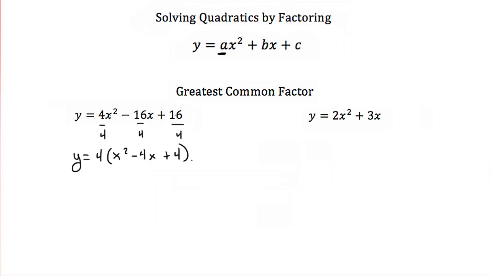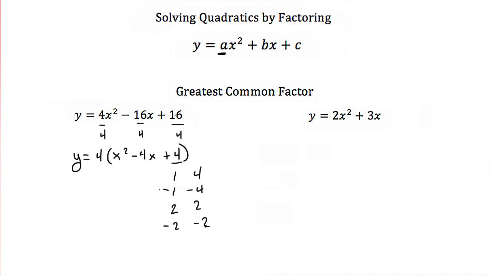Well, now here I have an x squared minus 4x plus 4. This is just like the quadratics that we were just earlier factoring. So we can continue to factor those. We just need to find all the numbers that will multiply together to get a positive 4 and add together to get a negative 4. Well, we can get a positive 4 from a 1 and 4, a negative 1 and a negative 4, 2 and 2, and then a negative 2 and a negative 2.